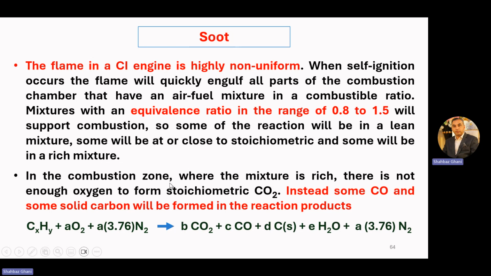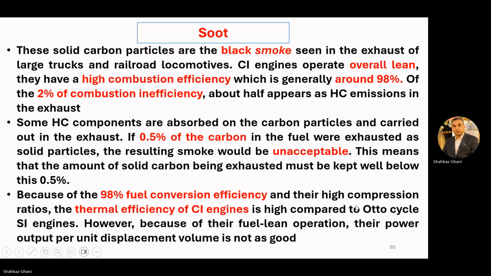In the combustion zone where the mixture is rich, there is not enough oxygen to form stoichiometric carbon dioxide. Instead, some carbon monoxide and some solid carbon will be formed in the reaction products. So hydrocarbon plus oxygen plus nitrogen gives, in the products, some moles of carbon dioxide, carbon monoxide, solid carbon particles, water vapor, and nitrogen.